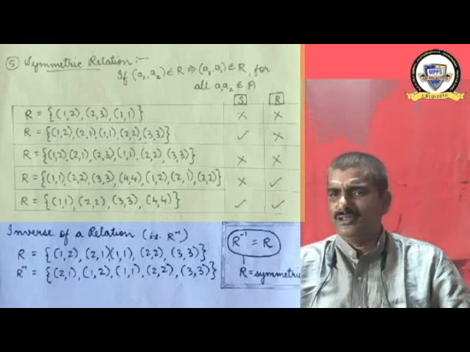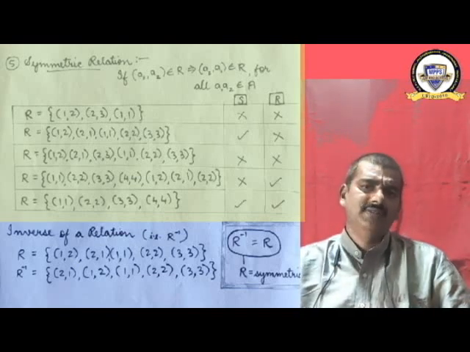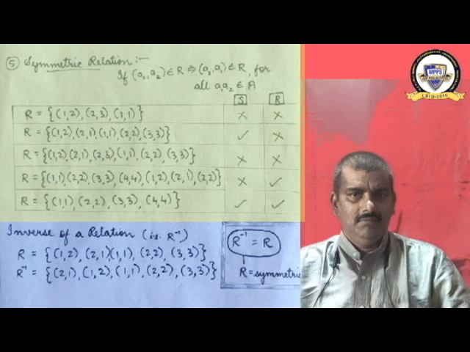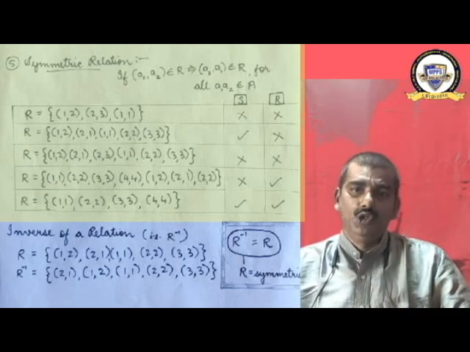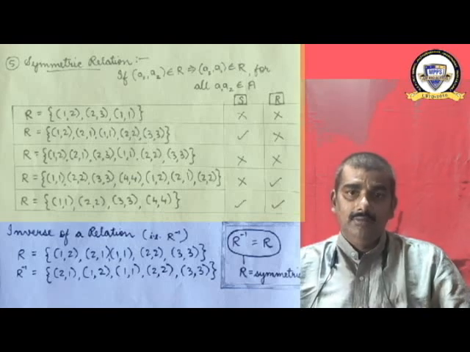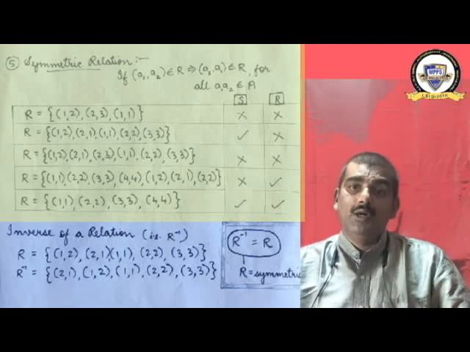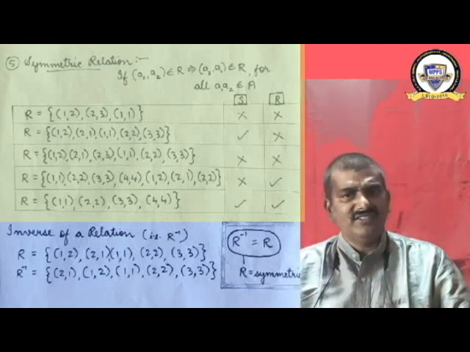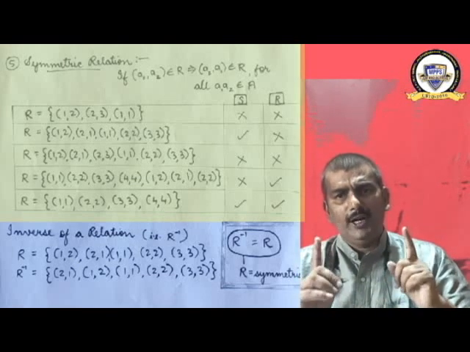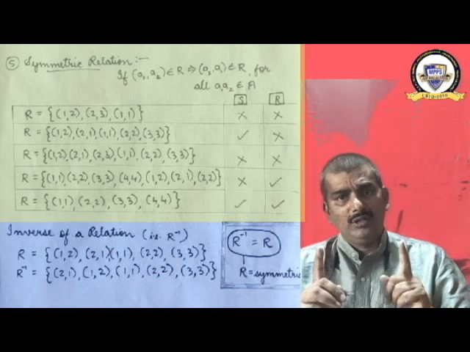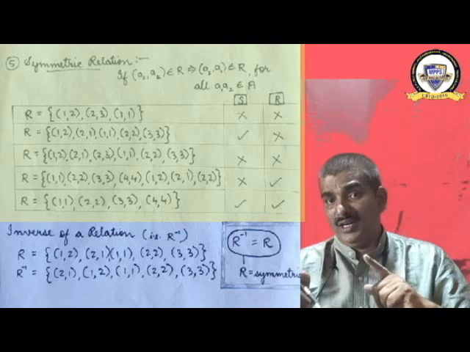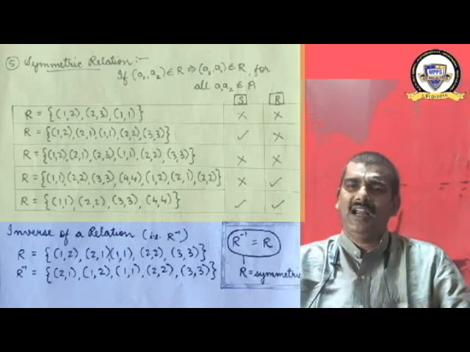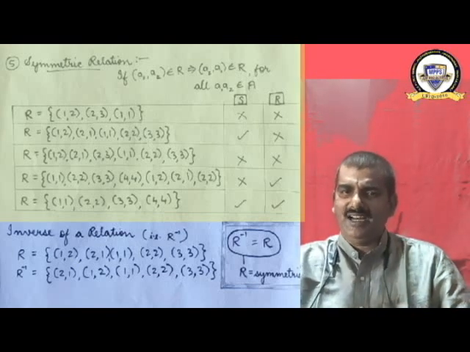With examples you can study much more. See the first relation: 1,2, 2,3 and 1,1. 1,2 is there, so 2,1 also must be there. You check one ordered pair at a time: 1,2, then see whether 2,1 is there or not. No, 2,1 is not there, so clearly you can write this is not symmetric.